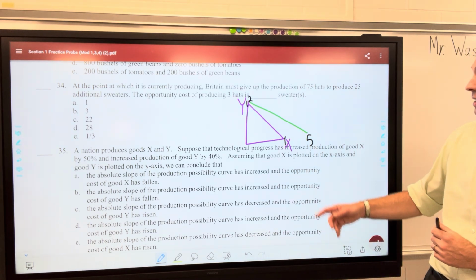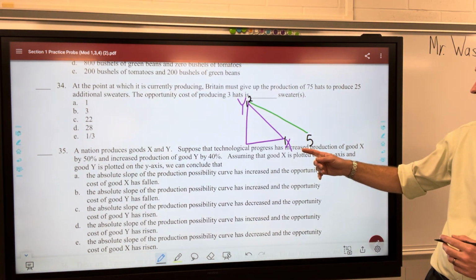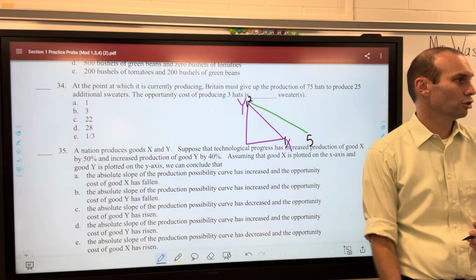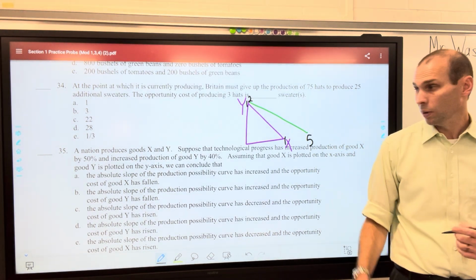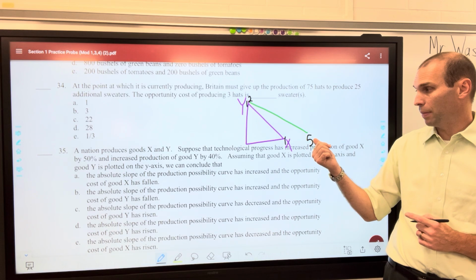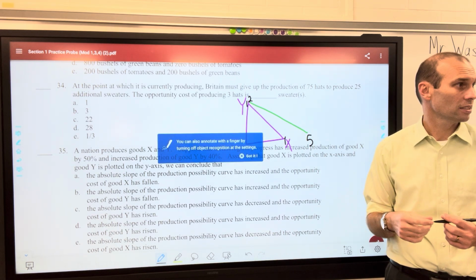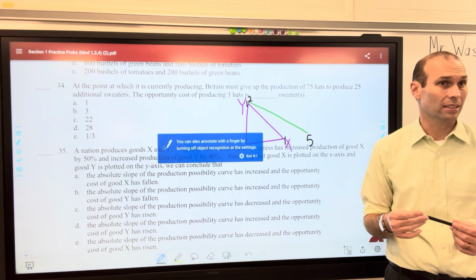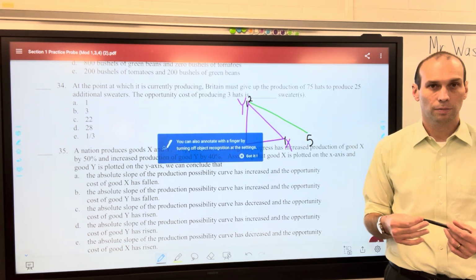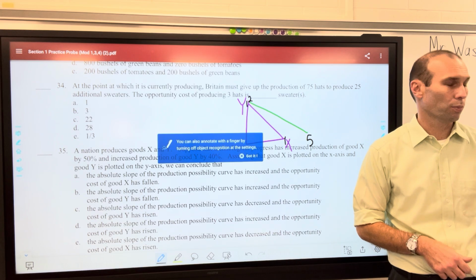So now, every time, instead of being 1-to-1, it's going to be a 5-to-2 ratio. So now, every time I make a good X, I give up how many Y's? 2. That's a ratio of 0.4, sorry.